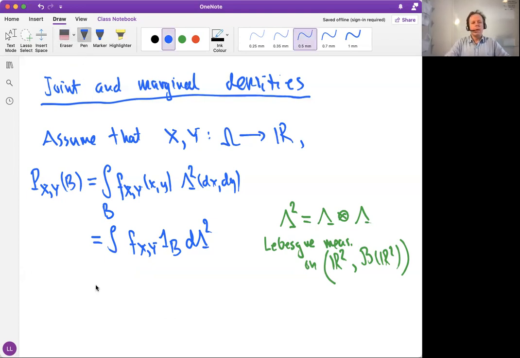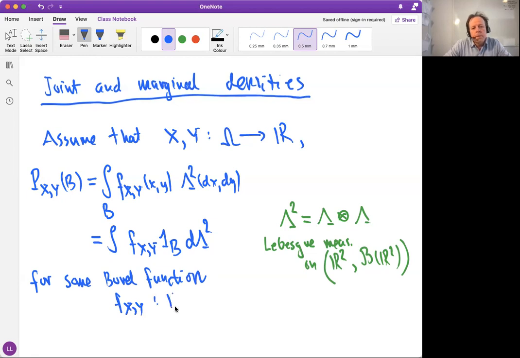Okay. And the key thing is that we assume that this is true for some Borel function f_XY, which maps the Euclidean plane into non-negative numbers.